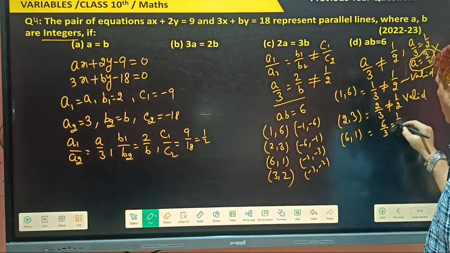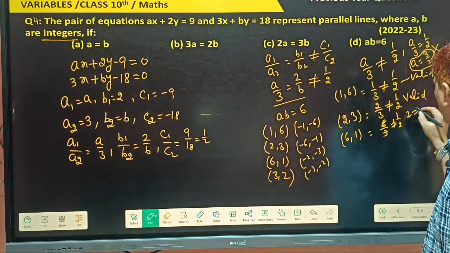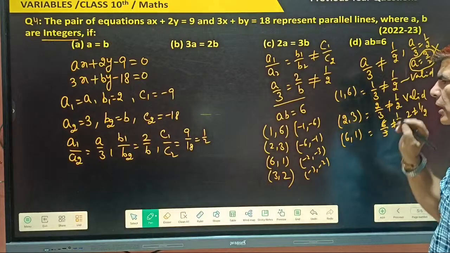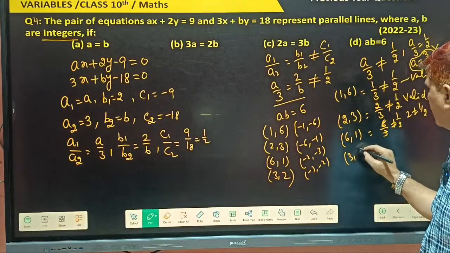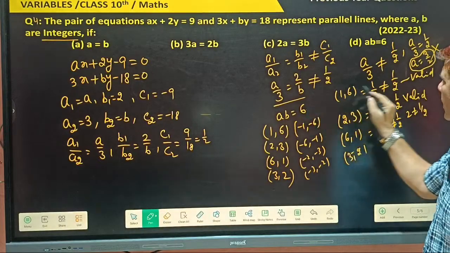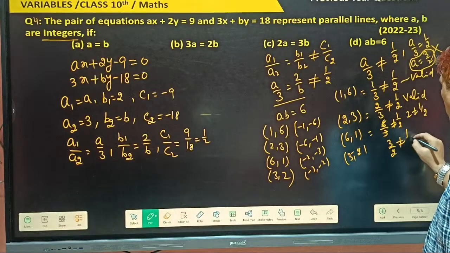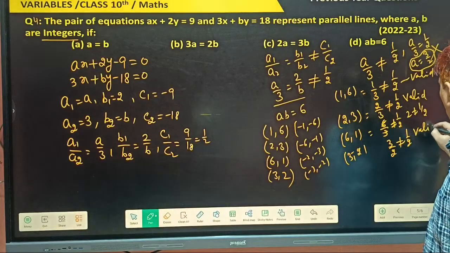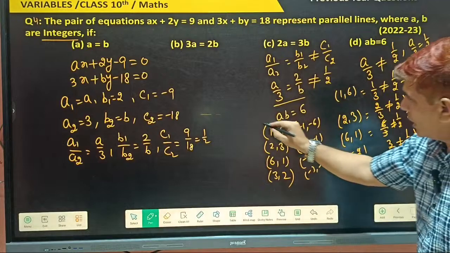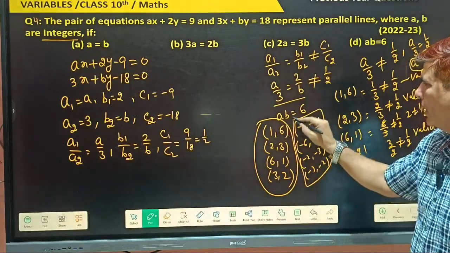This becomes 2, not equal to 1 by 2. So this is also valid. Then 3, 2: 3 times 2 is 6, and putting here, 3 by 3 is not equal to 1 by 2. So this is also valid. All of these are valid, and the negative ones are also valid.